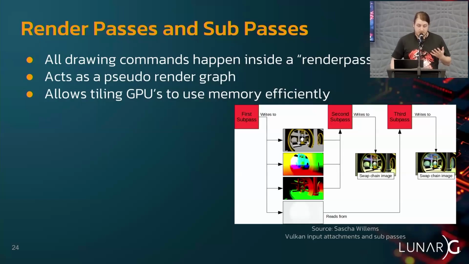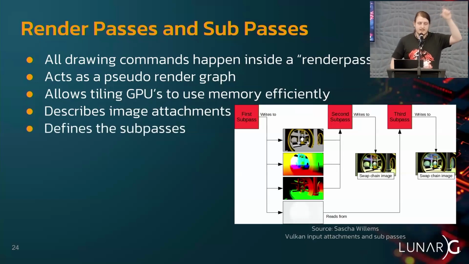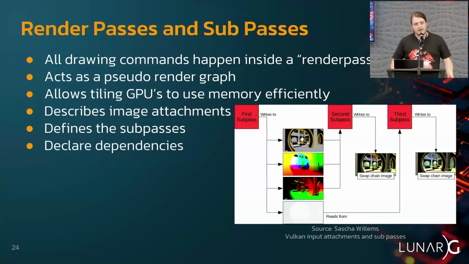And explicitly it is there to help tiling GPUs better use the memory bandwidth that they have to do rendering efficiently. When you're creating a render pass, you've got to describe your input attachments, meaning the images you're going to be reading from, writing to, being transient, and other similar things. The subpasses, the explicit steps in your render graph or render algorithms, and then the dependencies between those steps, so the driver can figure out the best way to organize it.